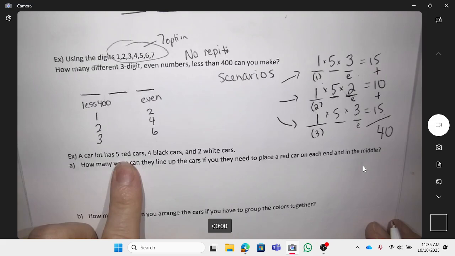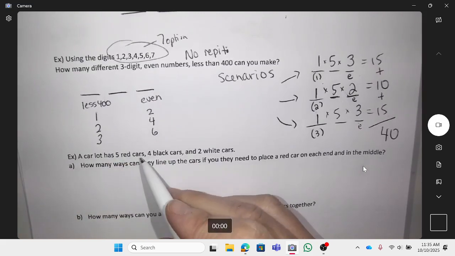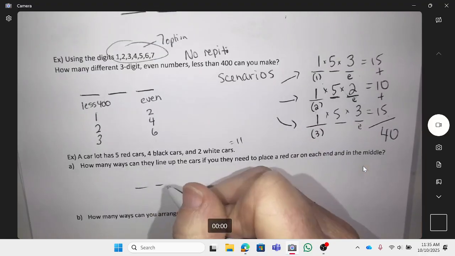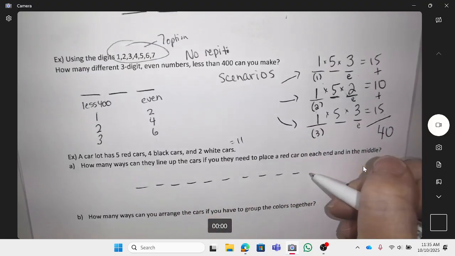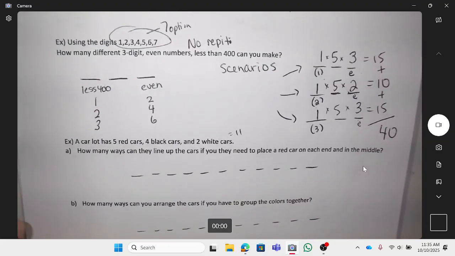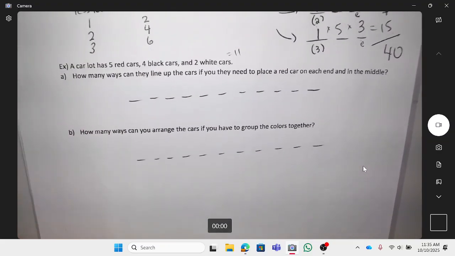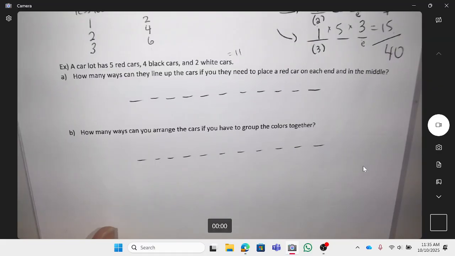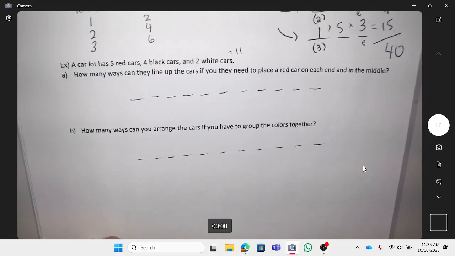Okay, we have 5 red, 4 black, 2 white. So that is 11 cars. Okay, ready?